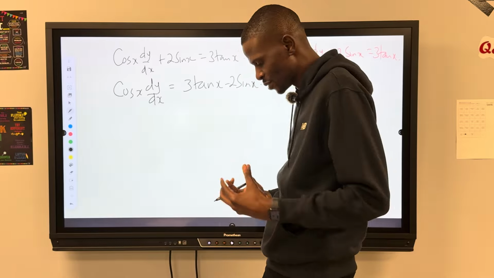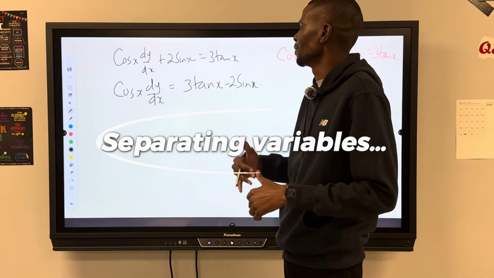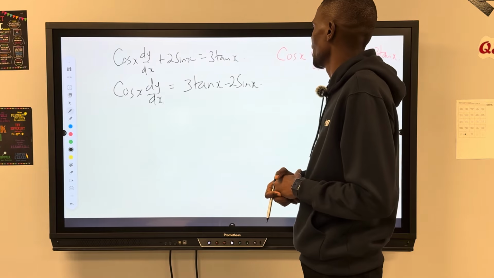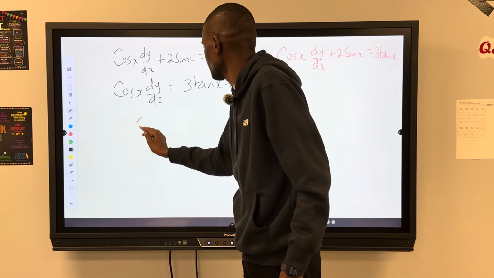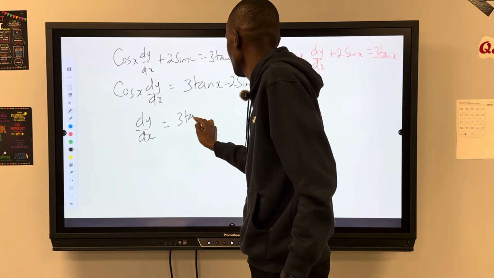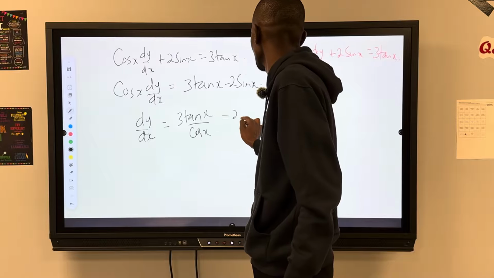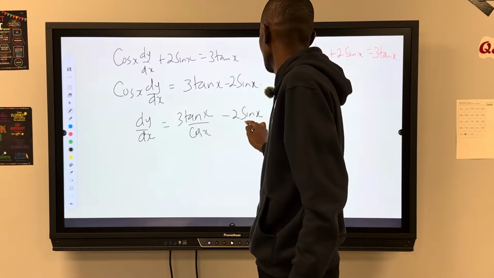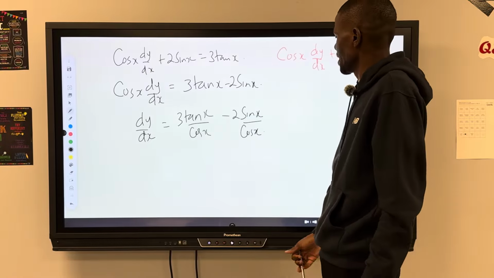Remember, we are trying to separate the variables, so let's go ahead and divide all the terms with cosine of x, such that we remain with dy/dx equal to 3 tan x over cos x minus 2 sine x over cosine of x, right?